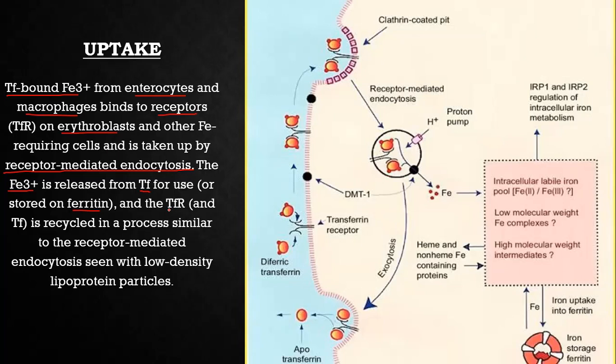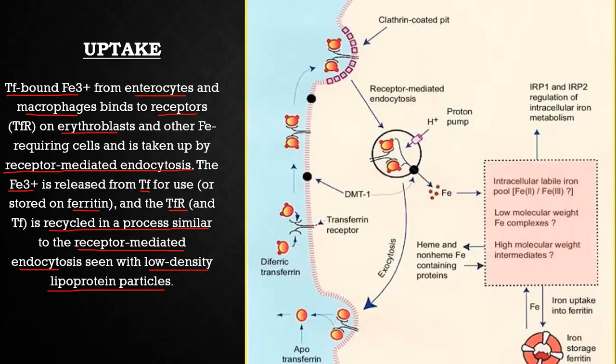cells. Then the transferrin receptor is recycled in a process which is similar to the receptor mediated endocytosis of low density lipoprotein particles. Here you can see this is diferric transferrin. These two dots are the ferric ions.